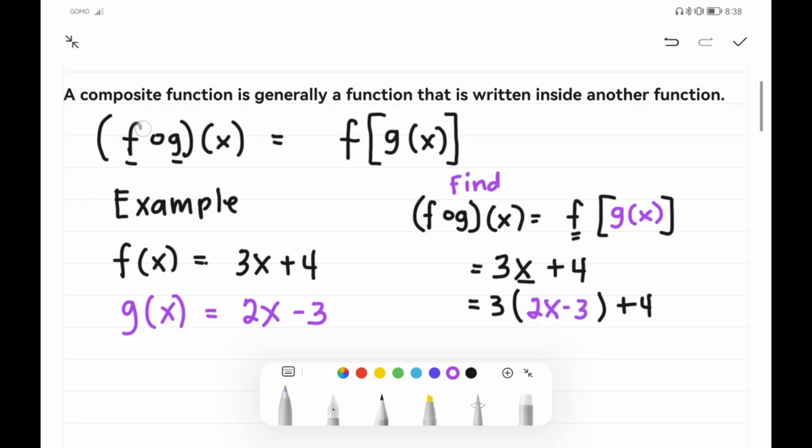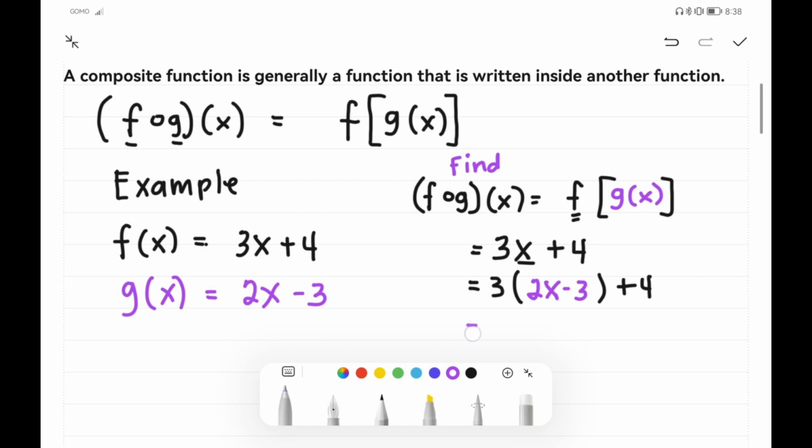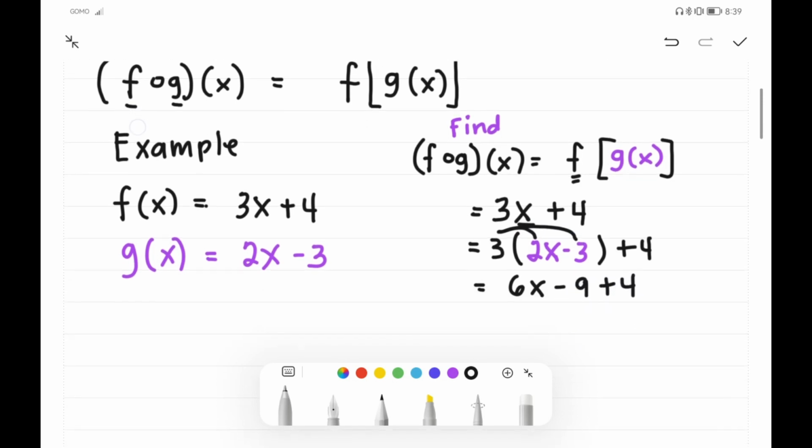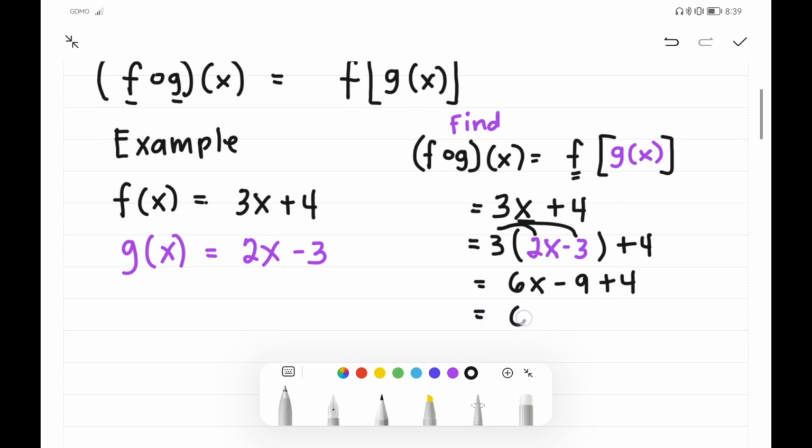So if we are going to solve this, 3 times 2x, we will have 6x. Then 3 times negative 3, this is negative 9, then plus 4. Simplify, so we will have 6x, then negative 5. So this is now the value of our f composite of g of x.